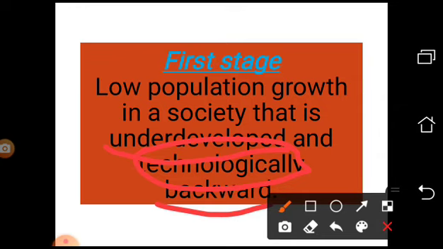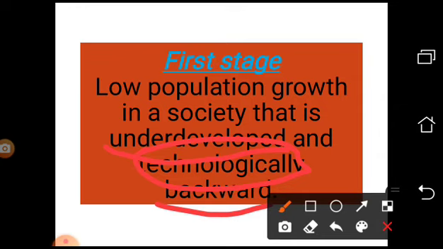Okay. So population growth is low in this first stage in a society that is underdeveloped. We know one society we can call underdeveloped, one is developed, and in between one more society is there, developing, we can say. So basically the three stages are there of the development.